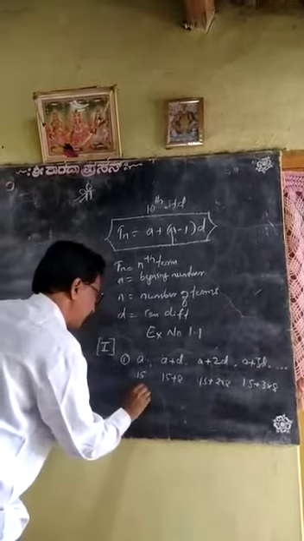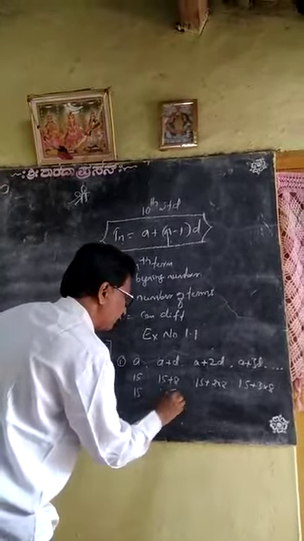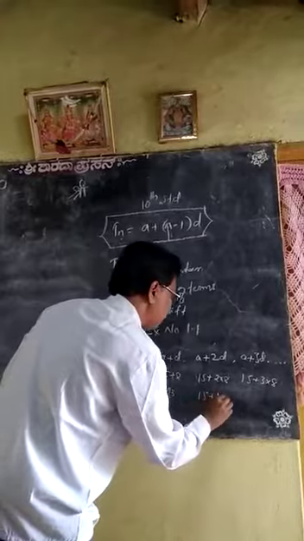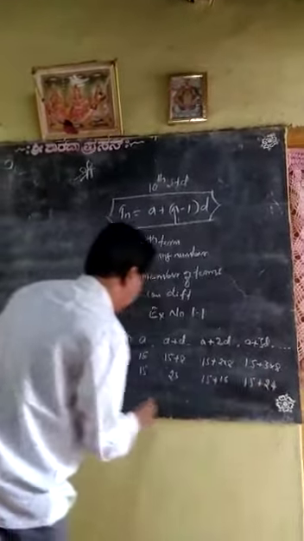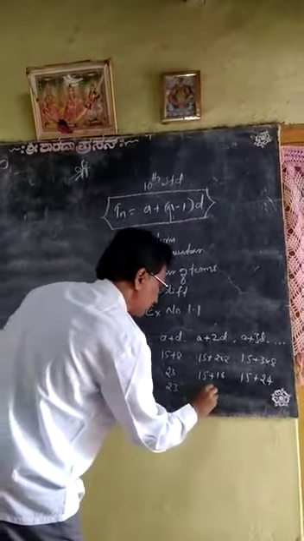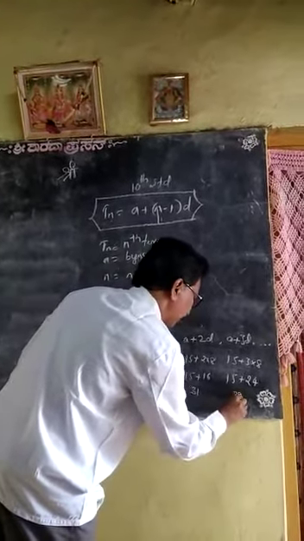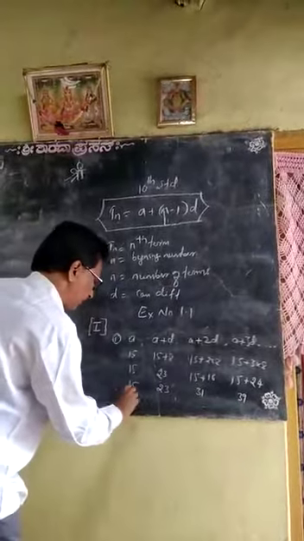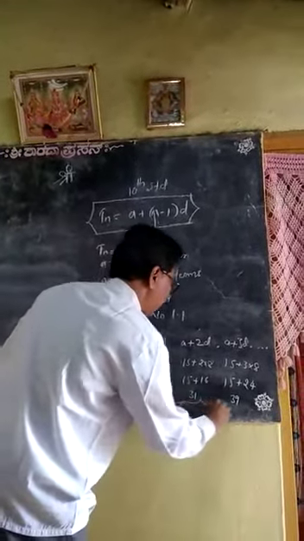It means 15, 15 plus 8 is 23, 15 plus 16 is 31, 15 plus 24 is 39.